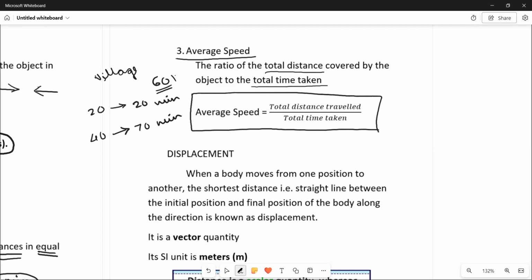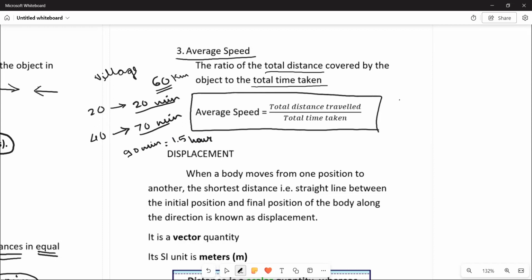It was 60 kilometers, and the total time taken, which is 20 minutes plus 70 minutes, is 90 minutes, and 90 minutes is equal to 1.5 hours.